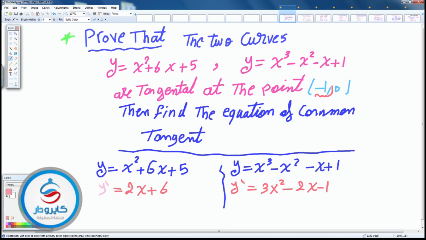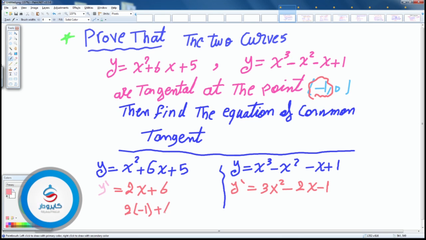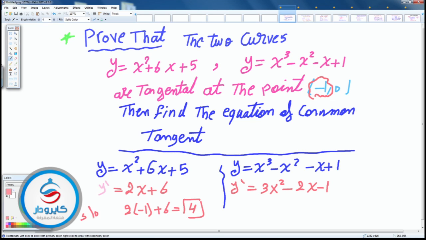By using the value of x, which is negative 1, 2 times negative 1 plus 6 equals 4. This is the slope of the tangent here. And now 3 times negative 1 power of 2 minus 2 times negative 1 minus 1 also equals 4.